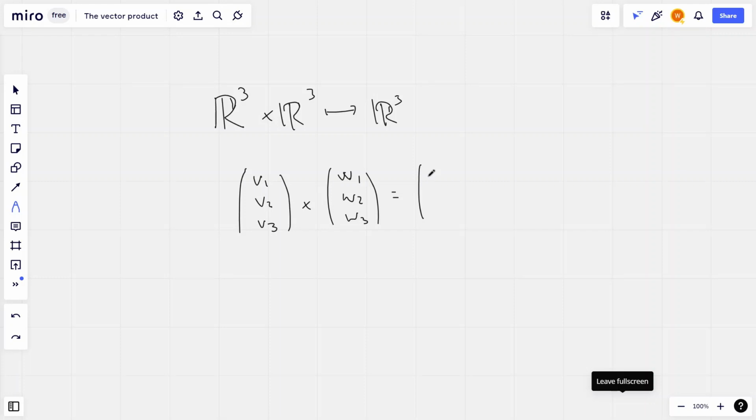So we get v2 w3 and then subtract this other part, so we have minus v3 w2, and then we carry on doing the same thing.